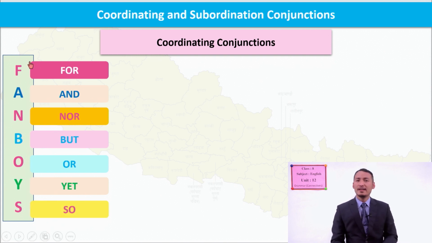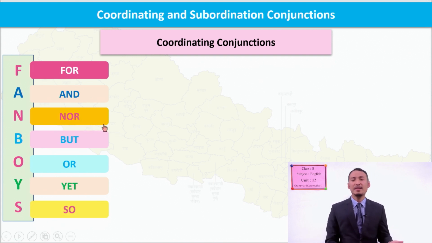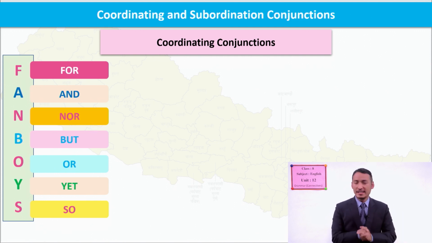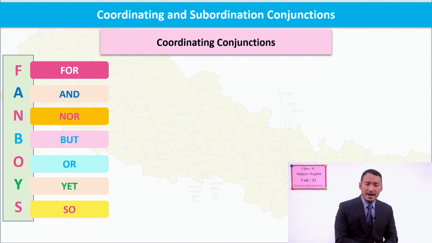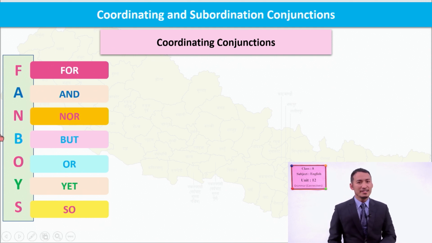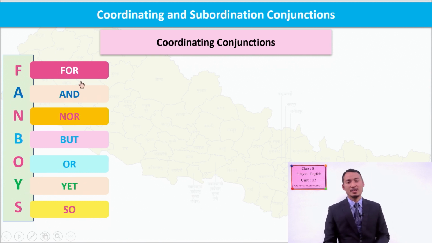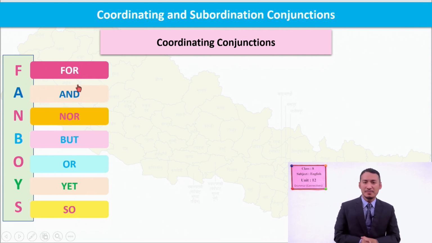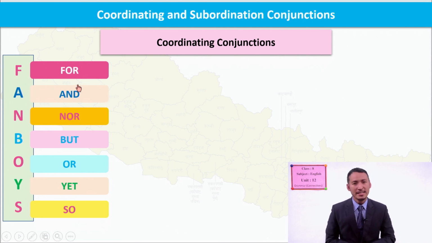So you can memorize these seven coordinating conjunctions in English, which are highly used, by remembering the acronym FANBOYS. Okay, students, can you say it again? Yes, FANBOYS, F-A-N-B-O-Y-S. So these are the popular coordinating conjunctions in English.